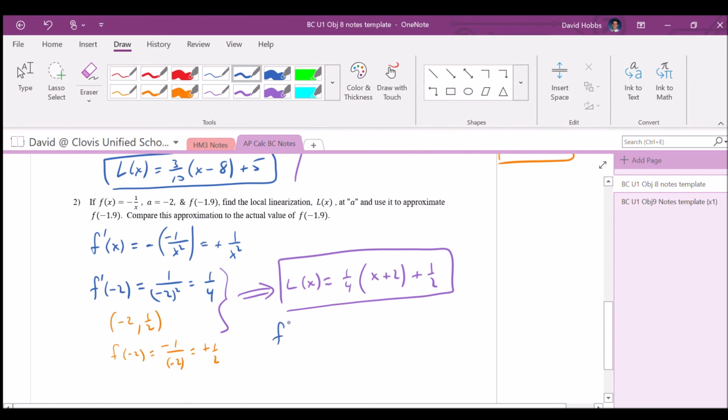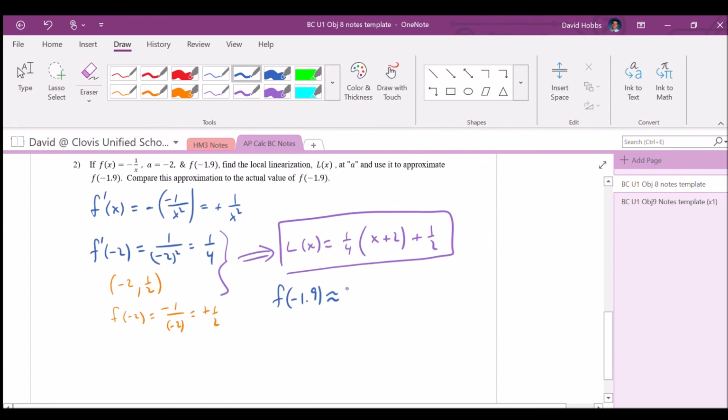Okay, so I want to use that to approximate f of -1.9. So f of -1.9 is approximately L of -1.9, which is 1/4 times, okay, now -1.9 plus 2, isn't that 1/10?